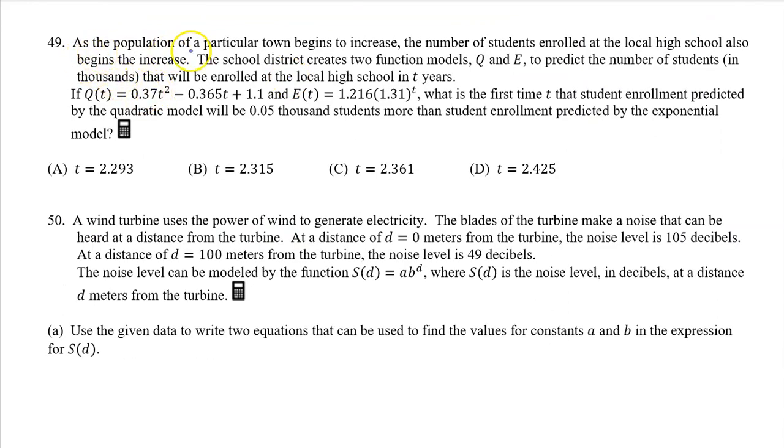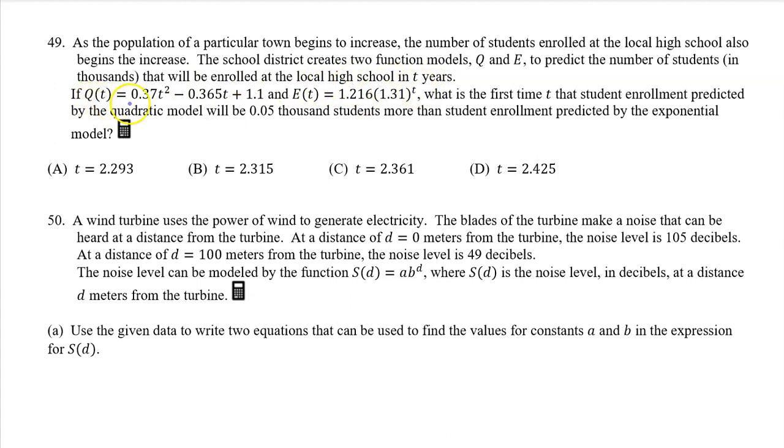49. As the population of a particular town begins to increase, the number of students enrolled at the local high school also begins to increase. The school district creates two function models, Q and E, to predict the number of students in thousands that will be enrolled at the local high school in T years.